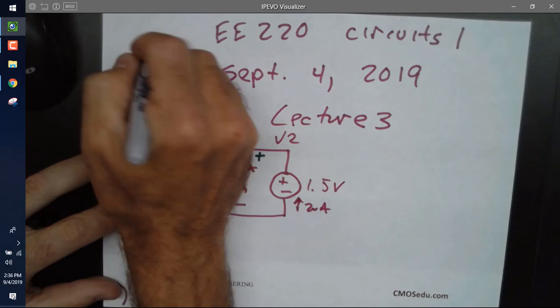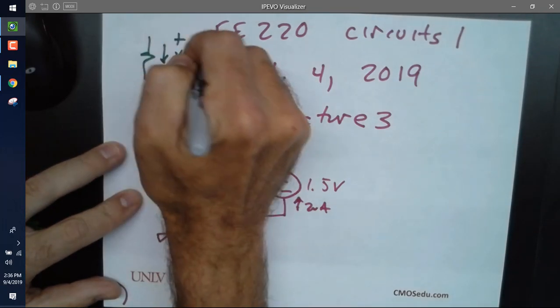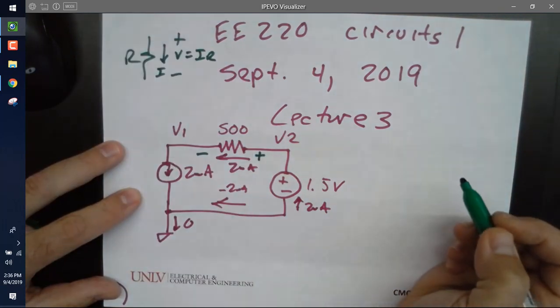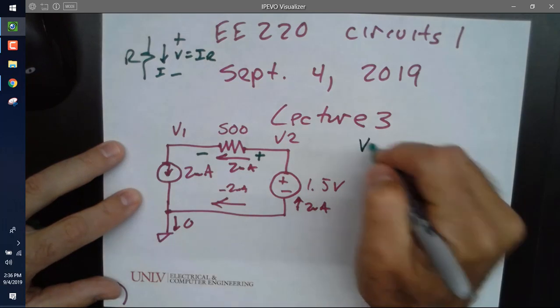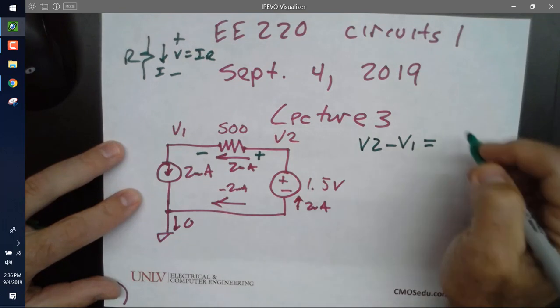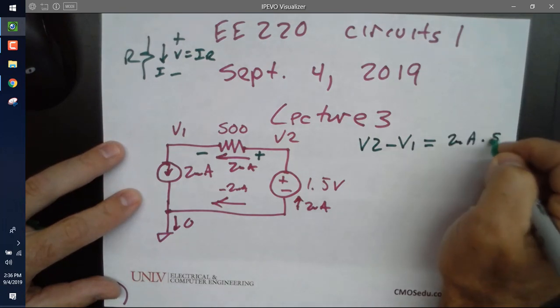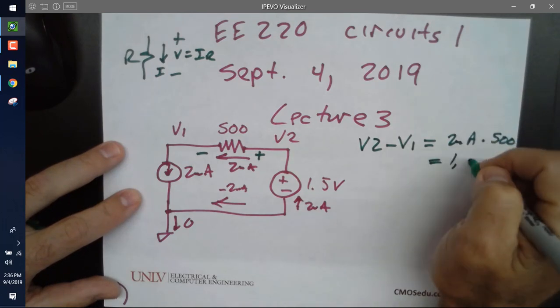So that's Ohm's law. We got it? So what is that voltage? Let's go. V2 minus V1 is equal to 2 milliamps times 500, which is 1 volt.